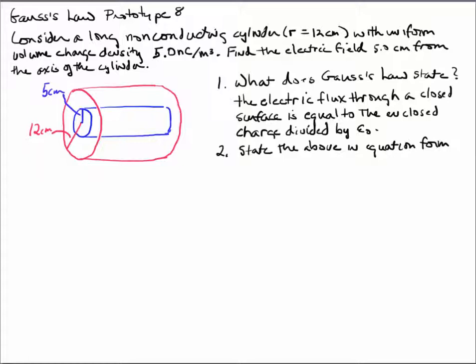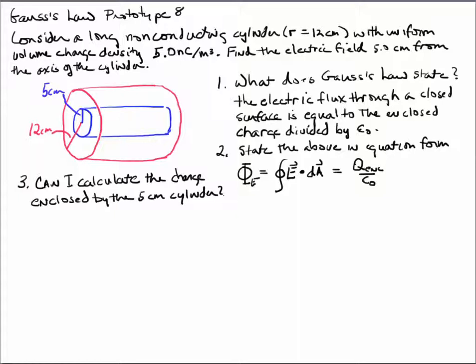Now, state the above in equation form. Pause the video, write down the equation for it, and then restart the video. And that's simply the electric flux equal to the closed integral of E dot dA equal Q enclosed over epsilon naught.